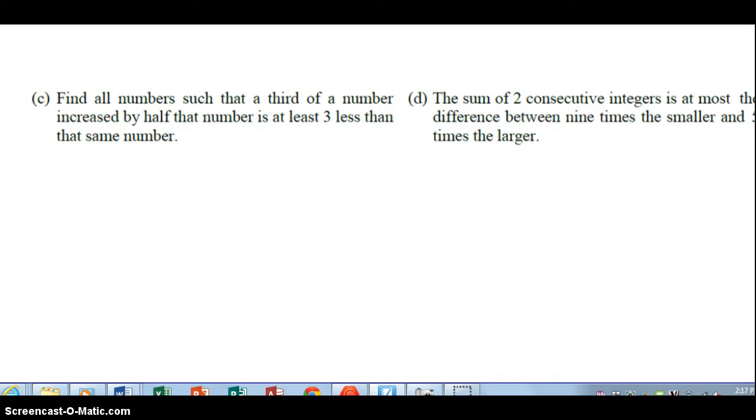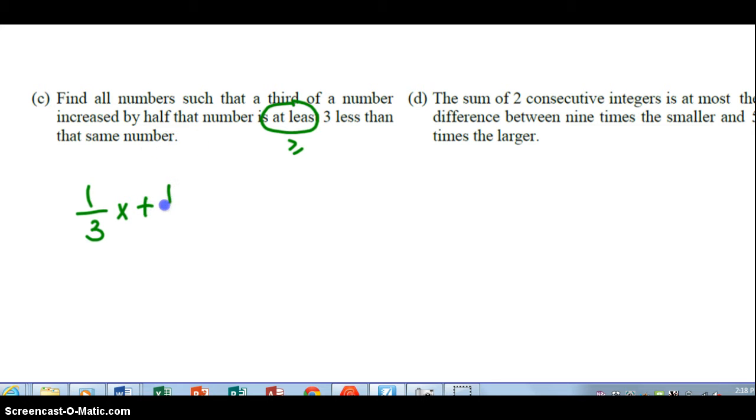Find all the numbers such that a third of a number increased by half that number is at least, we know is going to be greater than or equal to, 3 less than the same number. Okay? Find all the numbers, a third of a number. Here we go. 1/3 of x.